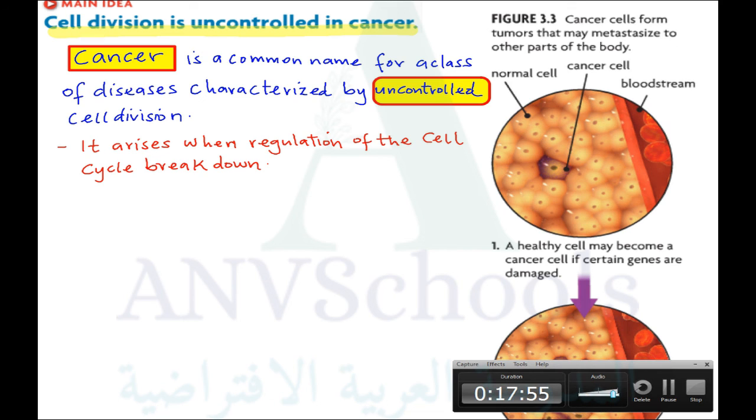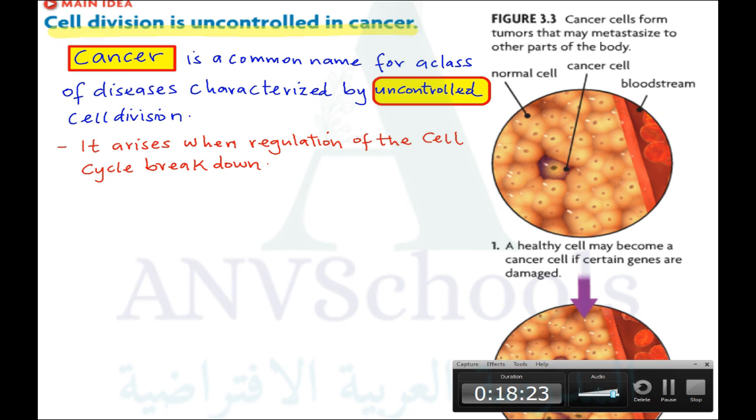Unlike healthy cells, cancer cells grown in culture dishes continue to divide, even when surrounded by neighboring cells. Cancer cells can also continue to divide in the absence of many of the growth factors required for division in healthy cells.